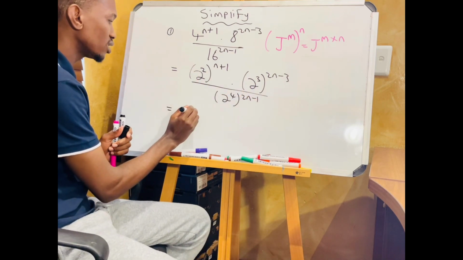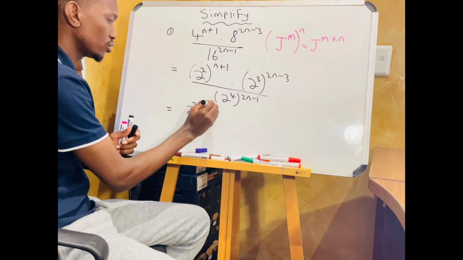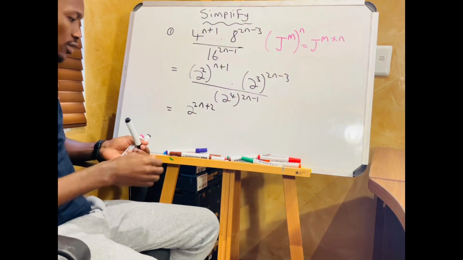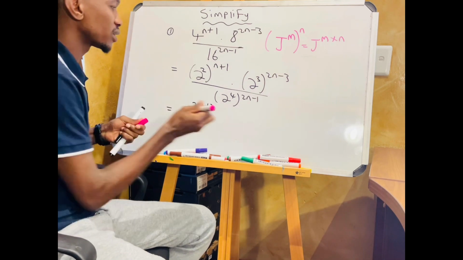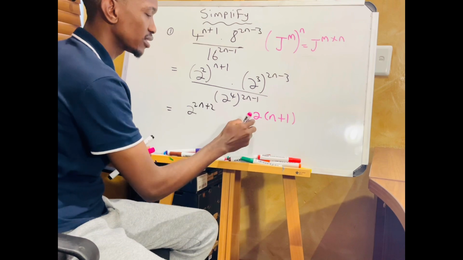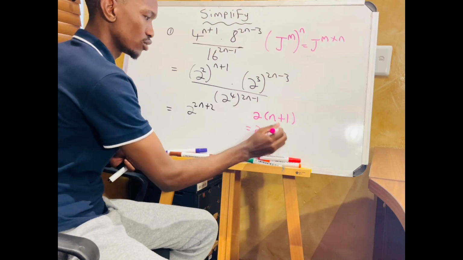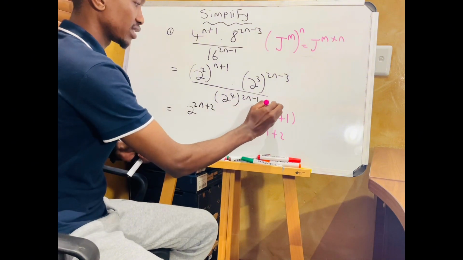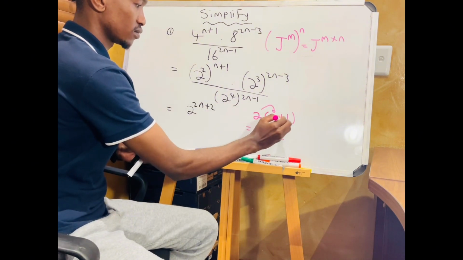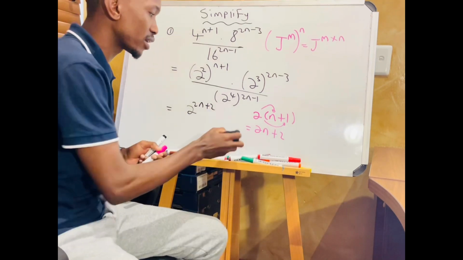I'm going to say 2 to the power 2n plus 2. So where is this coming from? Remember, you have 2 into n plus 1. This is the same as 2 times n is 2n, 2 times 1 is 2. I distribute like this. Okay, then this is my answer. All right, I hope that was helpful.